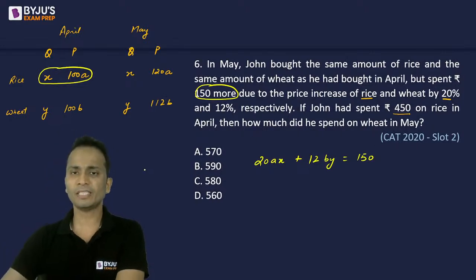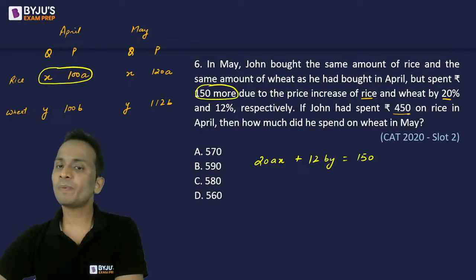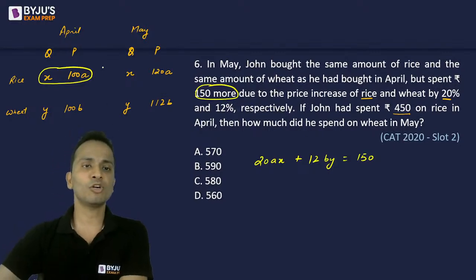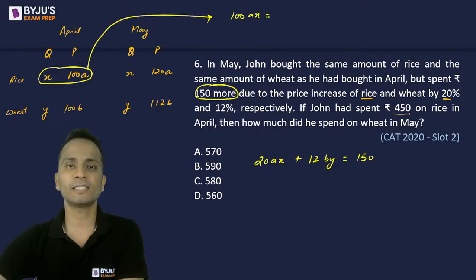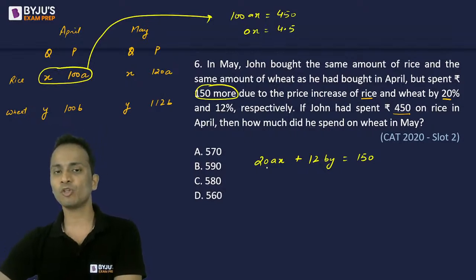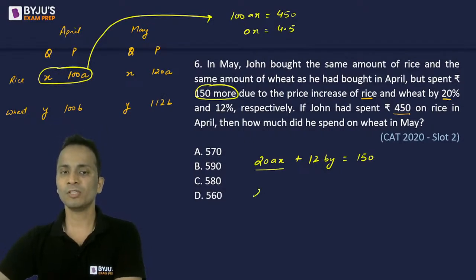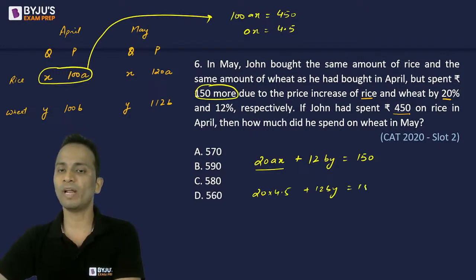Okay, all right. If John had spent 450 on rice in the month of April, so this value is given as, that means 100 AX is given as 450. So value of AX will be equal to 4.5. I can substitute the value of AX here. So 20 into 4.5 plus 12 BY is equal to 150.